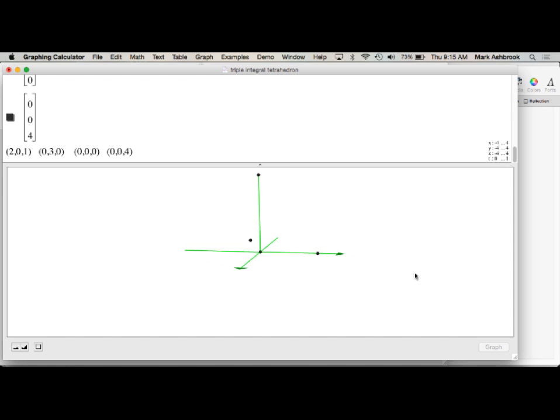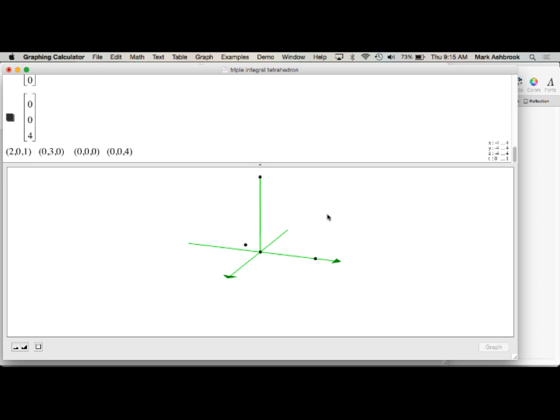Basically sketching it is connecting the dots, but we're going to need equations of the lines, all right? And the equations of the planes that create the surfaces.